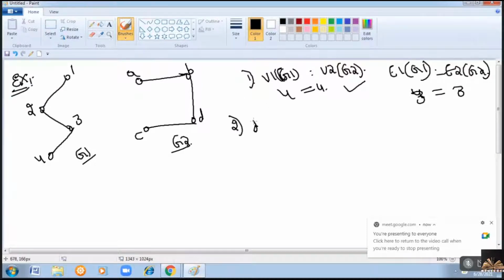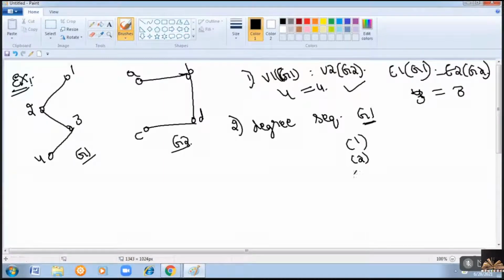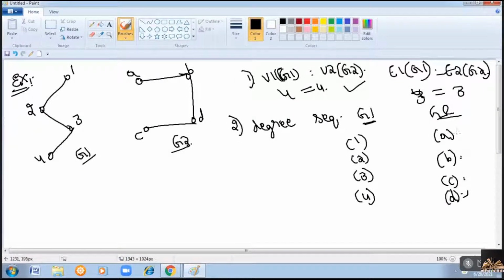Next, find the degree sequence. Coming to the first graph, how many vertices do we have? 1, 2, 3, 4. Similarly, in the second graph, A, B, C, D. What is the degree of each vertex? How many edges are incident with vertex 1? Only 1.